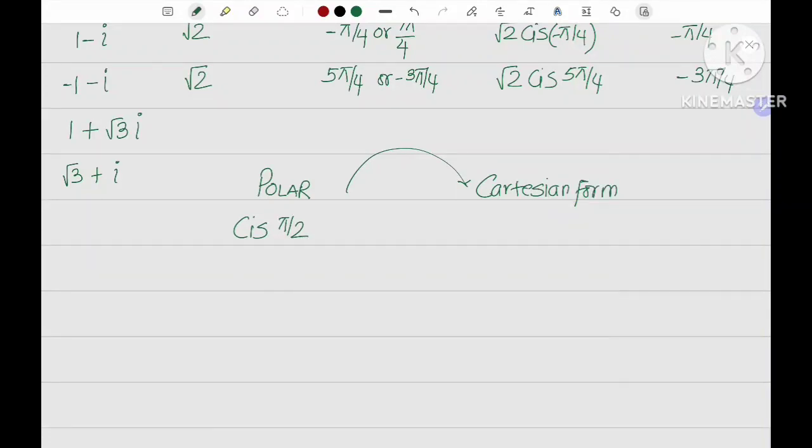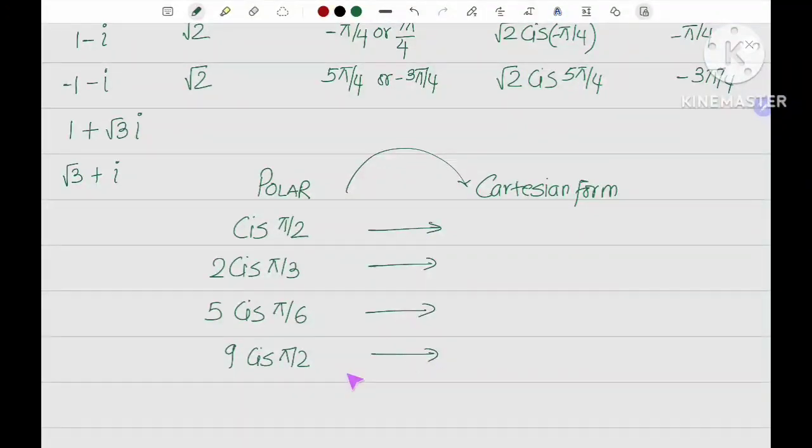Cis pi by 2, convert cis pi by 3, convert 5 cis pi by 6, convert 9 cis pi by 2, all into Cartesian form, and tell me what is the answer.